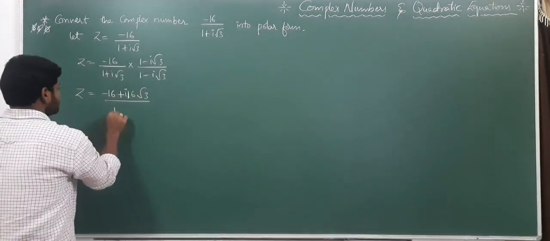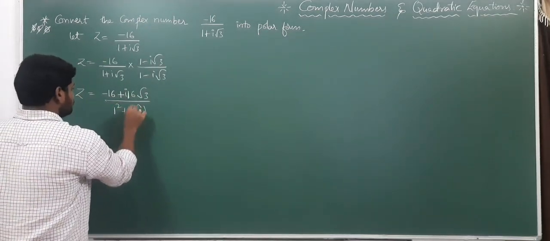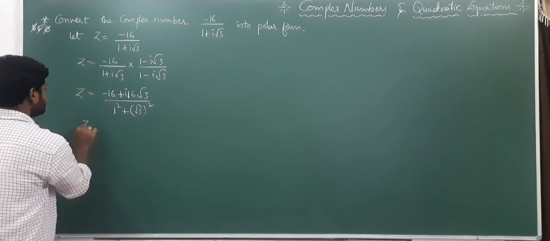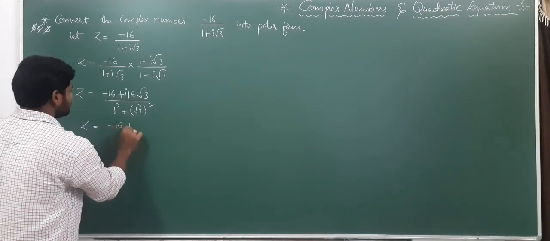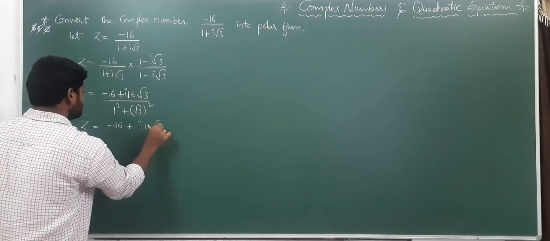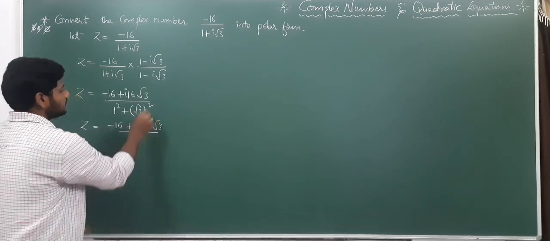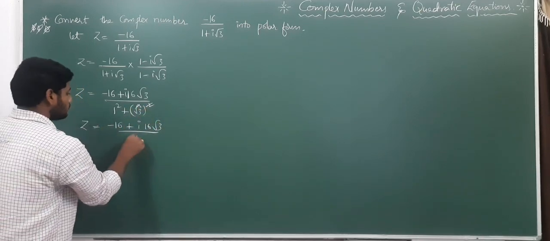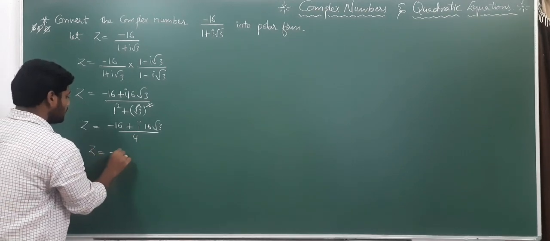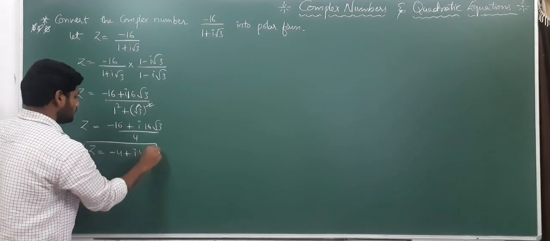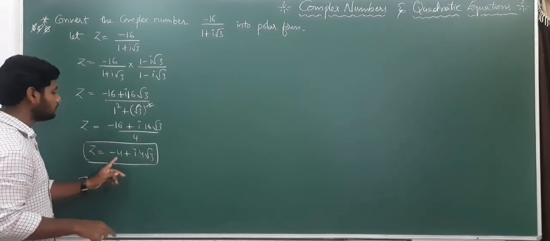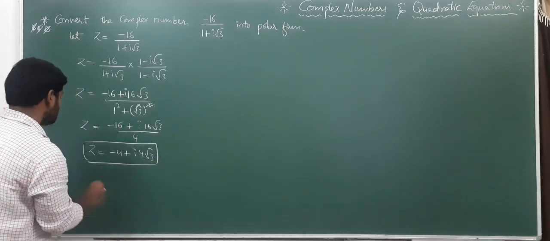So here this is 1 square plus root 3 whole square, which gives z is equal to minus 16 plus i into 16 root 3 divided by 1 square plus 3, which is 4. So we can write minus 4 plus i into 4 root 3. How? If we take 4 common and simplify, we get minus 4 plus 4i root 3.